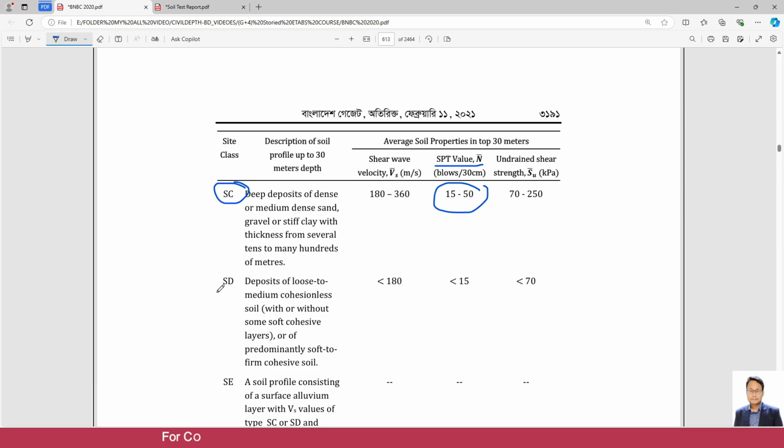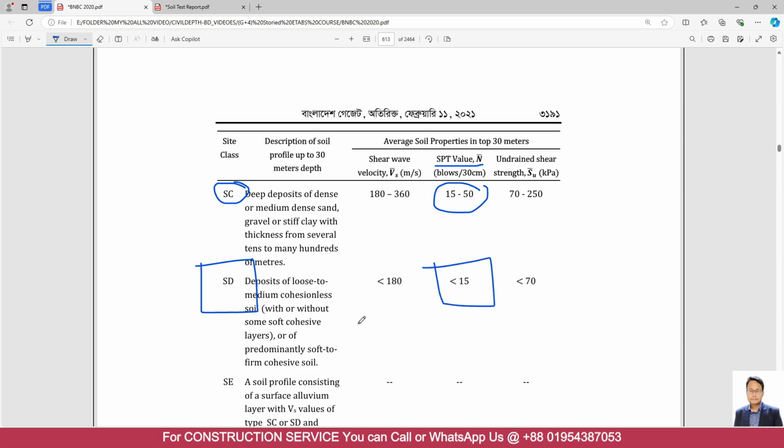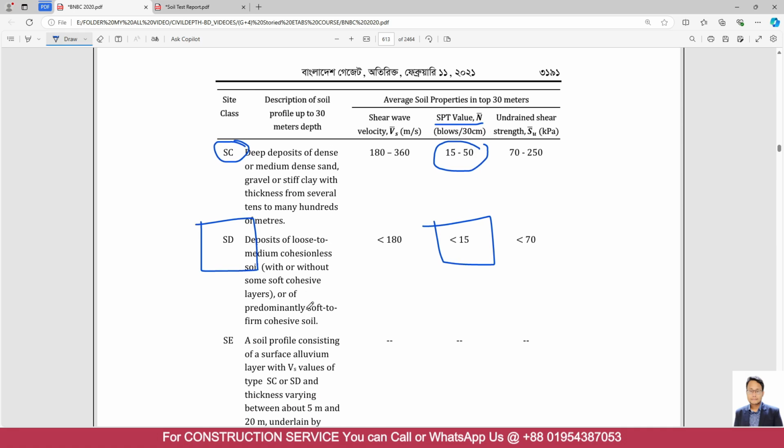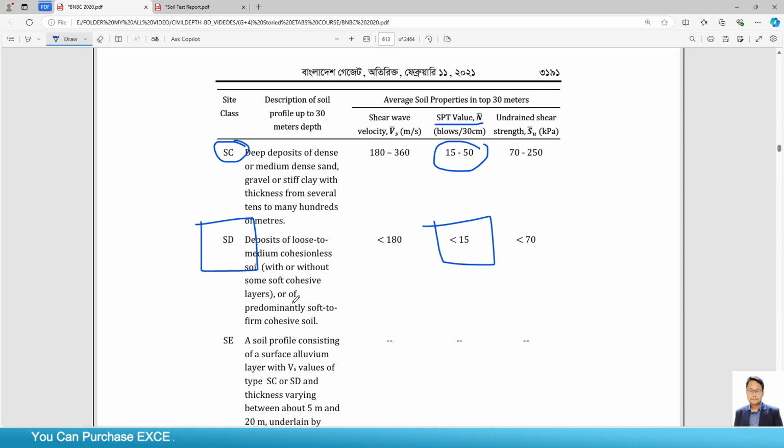Now we can go downward and here we can see SD. That means for N bar values less than 15, we can consider this soil as SD type soil, which is deposits of loose to medium cohesionless soil with or without some soft cohesive layers, or of predominantly soft to firm cohesive soil.